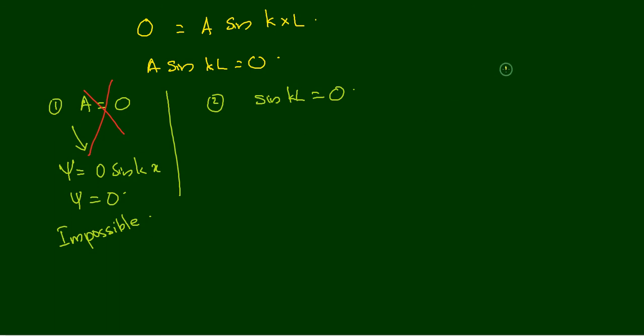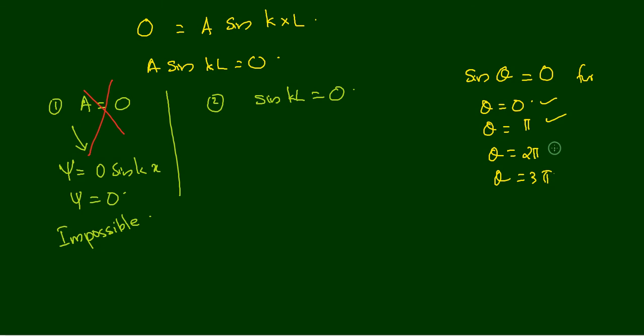Sine theta is equal to 0 for theta is equal to 0, theta is equal to pi, 2 pi, 3 pi, etc. It means that our kL must be 0, pi, 2 pi, 3 pi, etc. Or in other words, kL must be n pi.